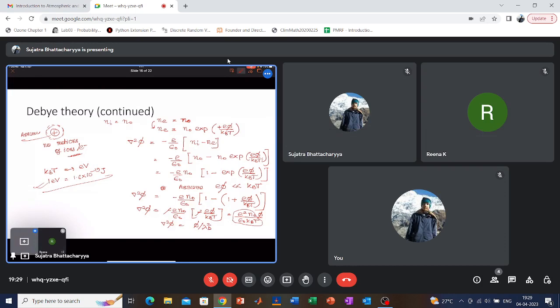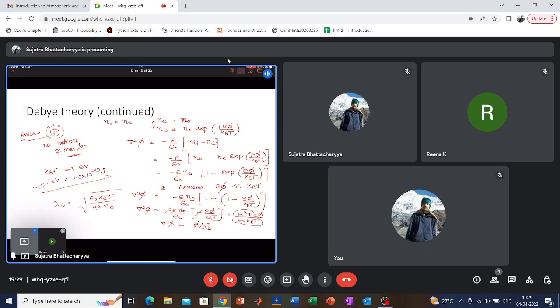Fine. And this lambda d is therefore written as epsilon naught kBT divided by E square n naught. N naught is the total number density of the plasma.